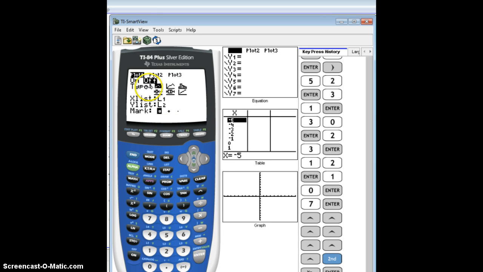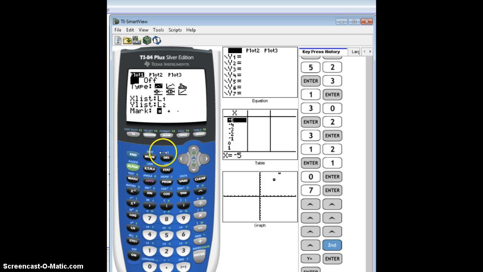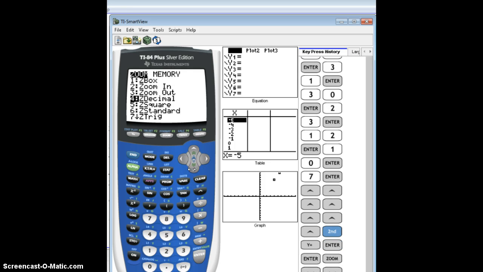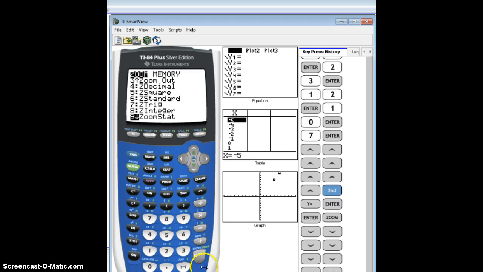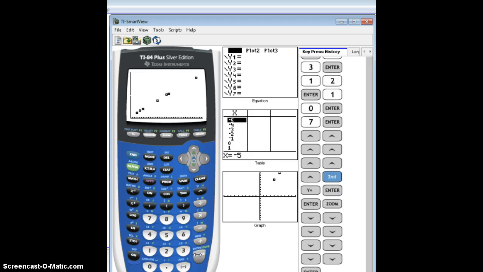And then we want the stat plot to be on, so your cursor needs to be on and then hit enter. That turns the stat plot on. Now we want to see the stat plot, so we have to go to zoom stat, which is zoom number 9 for zoom stat. This will show us our scatter plot.